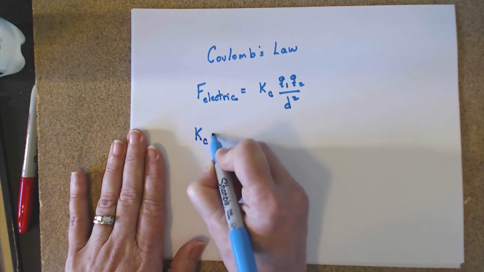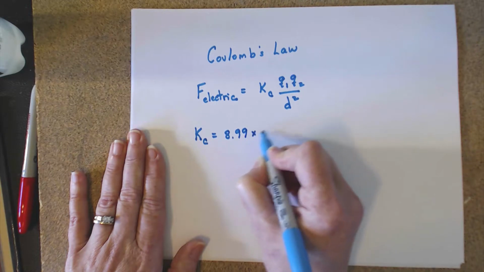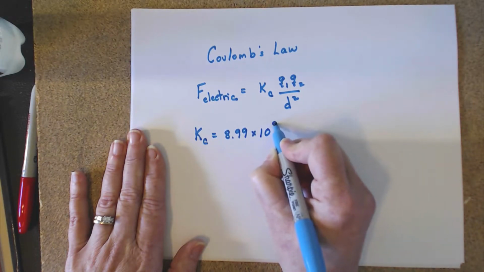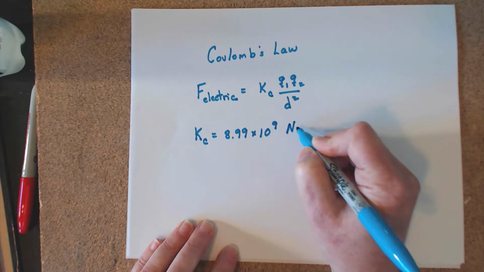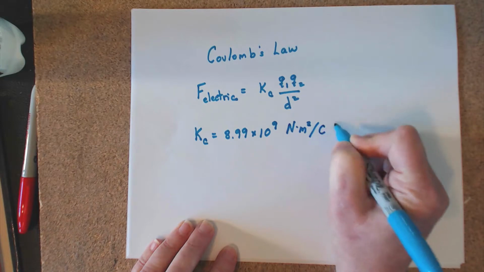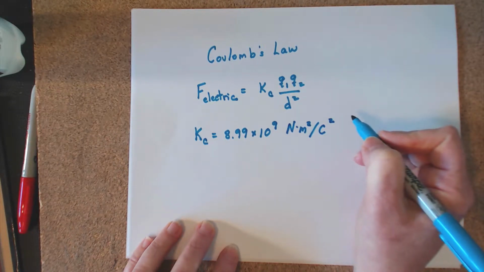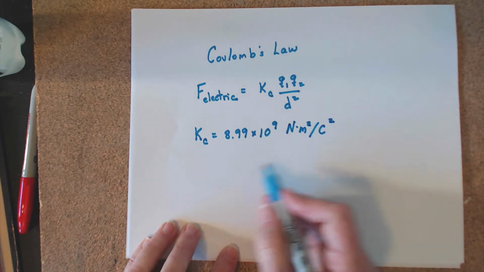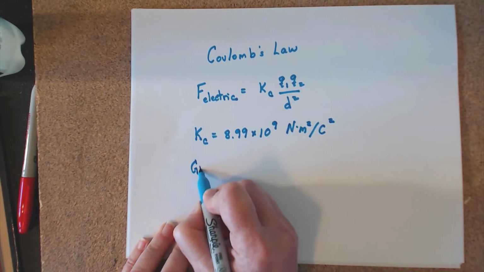Coulomb's constant is equal to 8.99 times 10 to the 9th newtons times meters squared divided by Coulomb squared. All those units are there in order to have things cancel out and work out properly. This proportional relationship is very similar to what we saw with gravitational force.